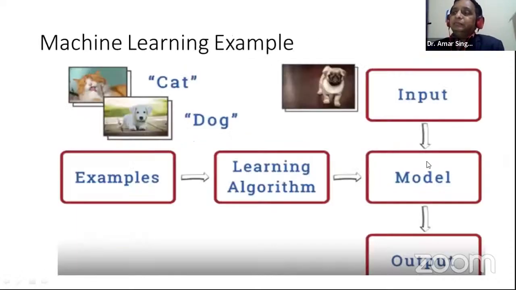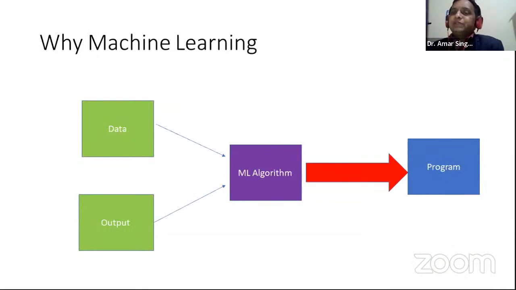So a model is automatically created for us by the machine learning algorithm. Okay, so it reduces our coding effort. You can look at this architecture, which is automatically writing the code for us for image classification. So you just have to give the data and output to the machine learning algorithm, and it can automatically write the code for us.